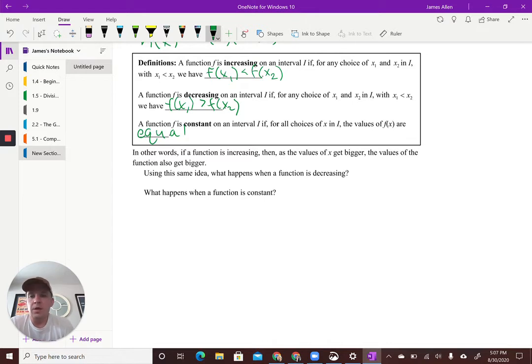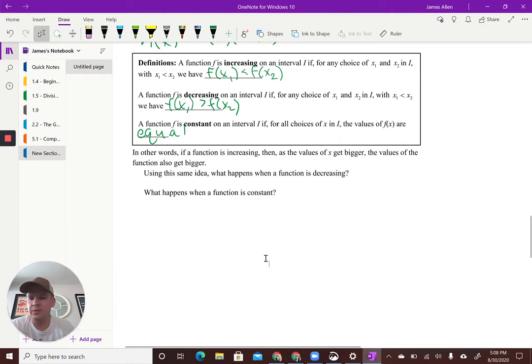Cool. So in other words, if a function is increasing, then as the values of x get bigger, the values of the function also get bigger. It's often helpful to put our very mathematically technical vocabulary into normal words, so we make sense of what we're saying with the proper math notation, what it means in real words.